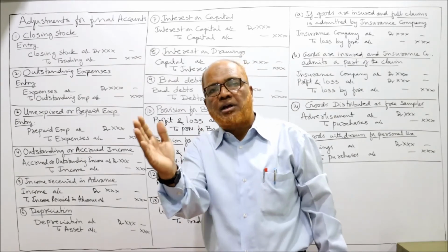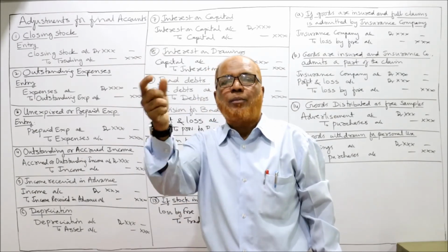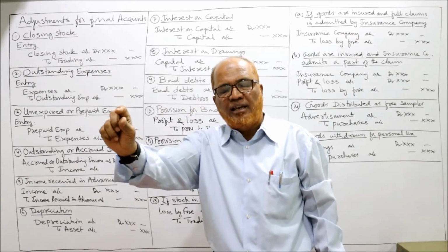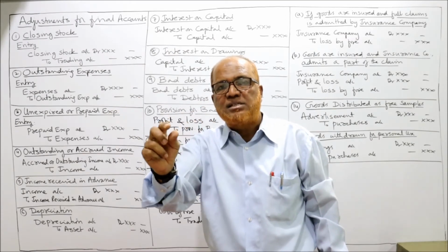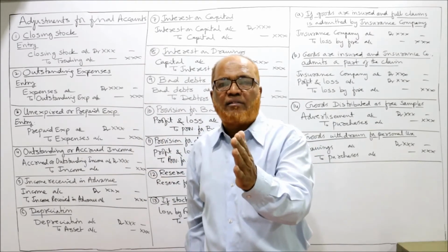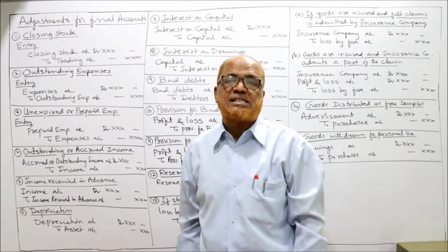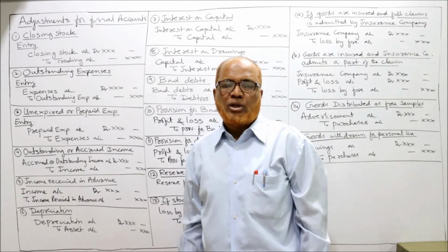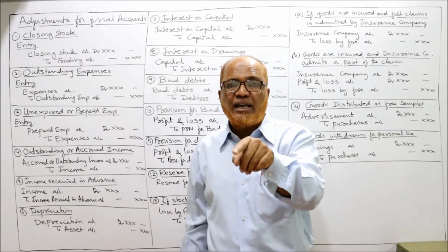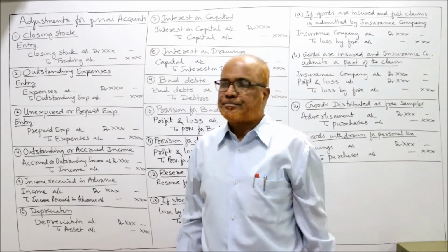On the P&L account credit side we take income, suppose interest income. So interest we take in the inner column, less income received in advance, we minus it, and that income received in advance will be shown on the liability side of the balance sheet. So accrued income is an asset, income received in advance is a liability.